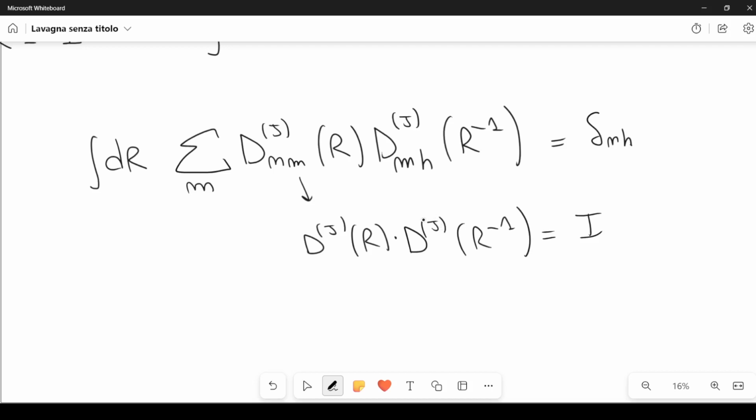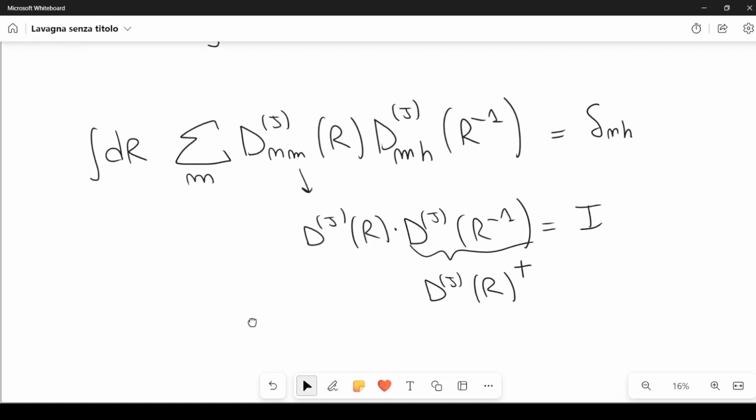And another intuitive property is that we are dealing basically with unitary matrices. So the representation of the inverse is equal to the representation of R, and then we take the dagger of that. So this is what it means, that these representations are unitary. Basically, we are imposing the fact that these representations are unitary. So the matrix multiplied by the dagger of the matrix itself gives us the identity. So this is what we are considering here.